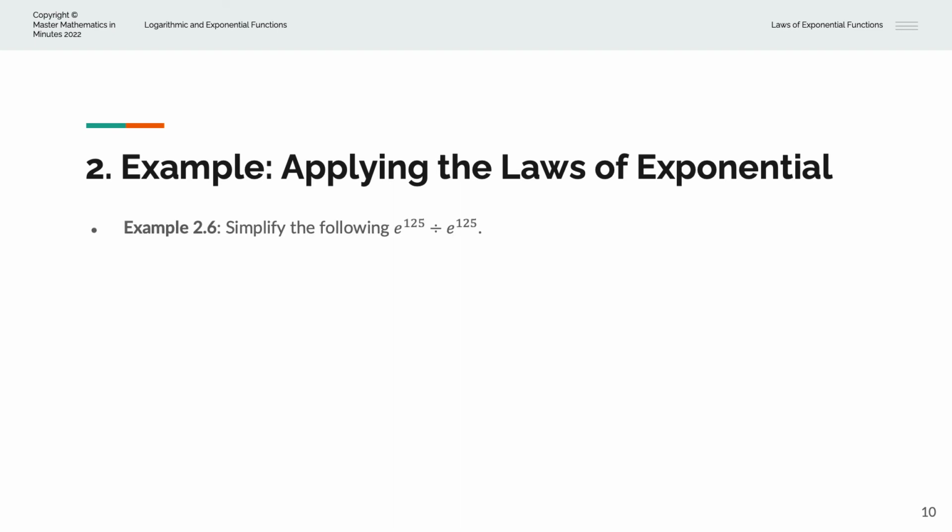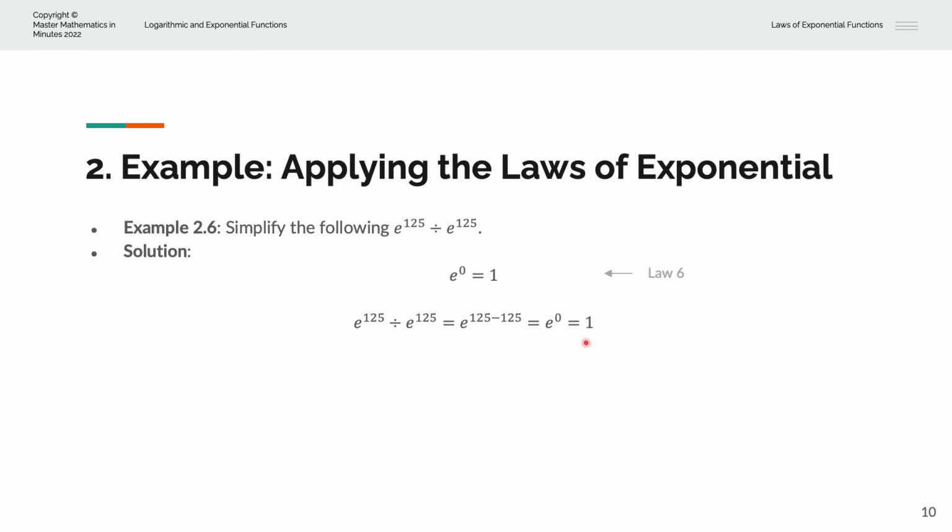So the sixth example is where we're asked to simplify e to the power of 125 divided by e to the power of 125. So we'll use the sixth law. So e to the 125 divided by e to the 125, according to the second law, is where we subtract the powers. And so we have e to the power of 125 minus 125, and that gives us e to the power of 0.